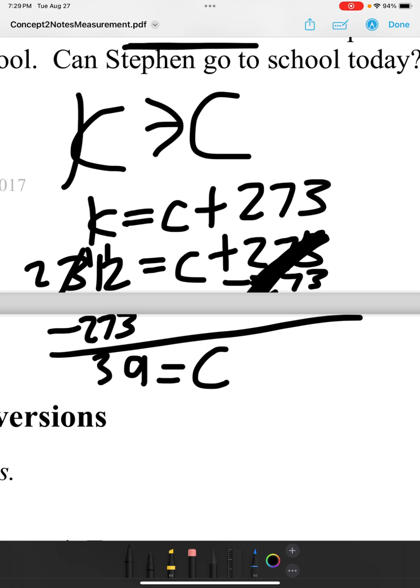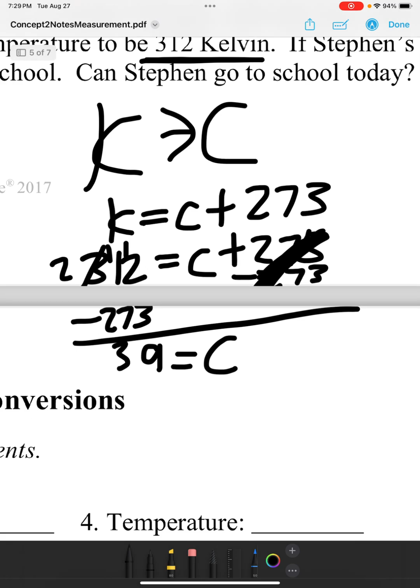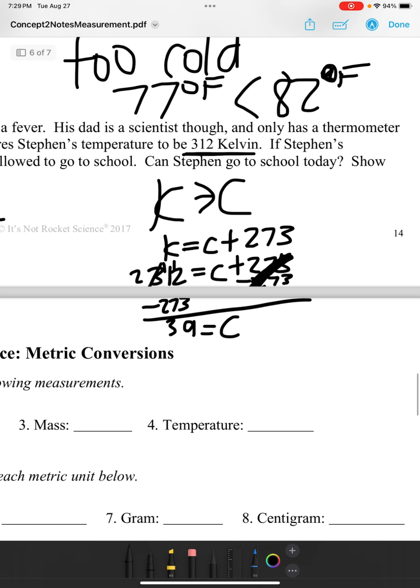Okay, cool. So that means that 312 degrees Kelvin is the same as 39 degrees Celsius.